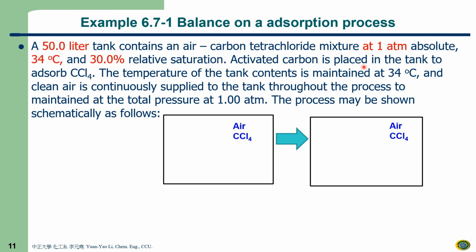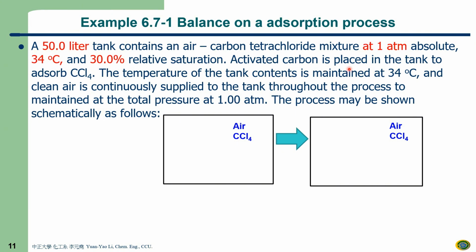So activated carbon is placed in the tank to adsorb carbon tetrachloride. The temperature of the tank is maintained at 34 Celsius, so this is what we call isothermal. And clean air is continuously supplied to the tank through the whole process to maintain the total pressure at 1 atm.